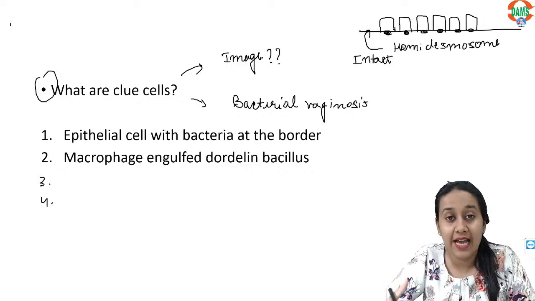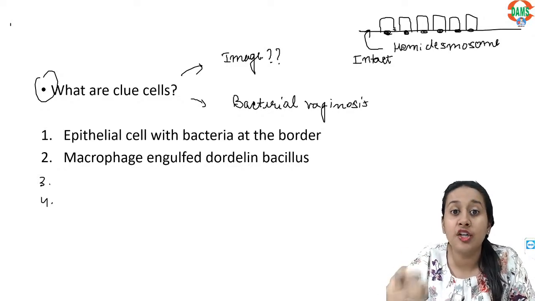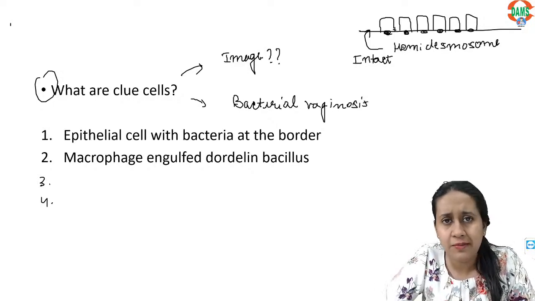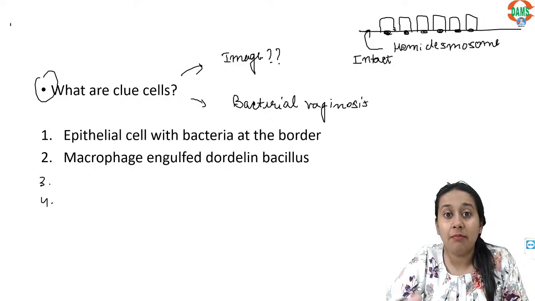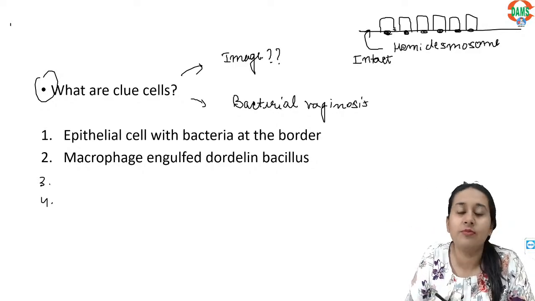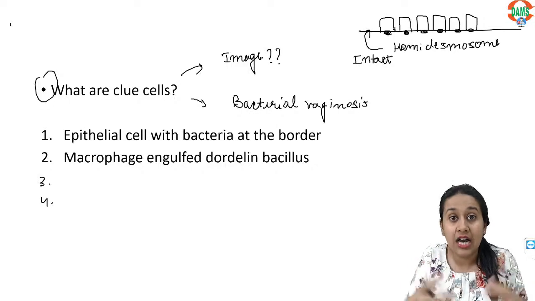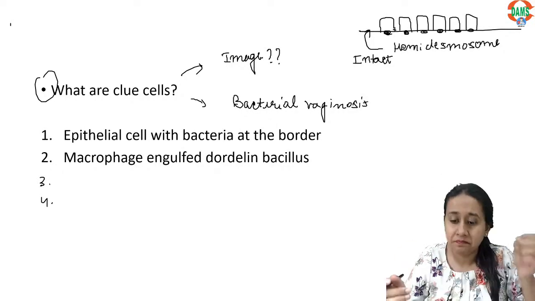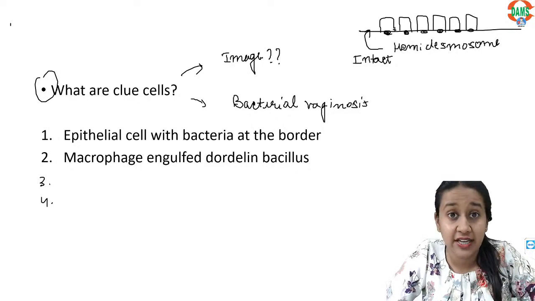So we have an acidic environment due to lactic acid released by lactobacillus. But in a few females, the high risk females, the amount of lactobacillus goes down, and when it goes down, a large number of bacteria colonize the vagina.